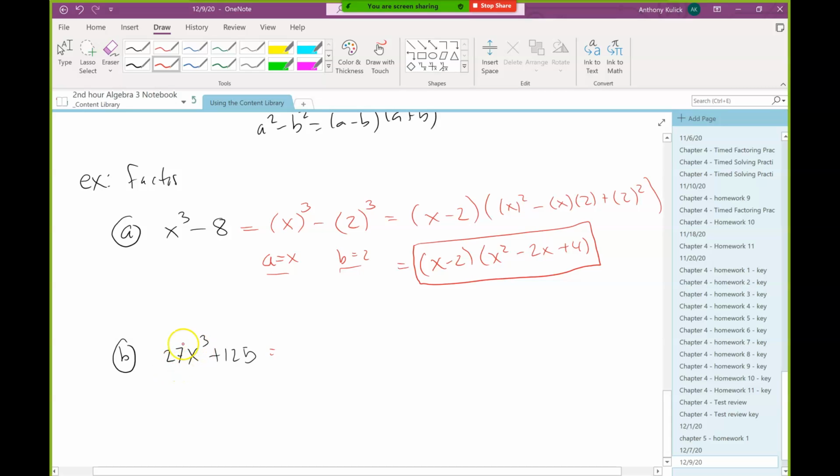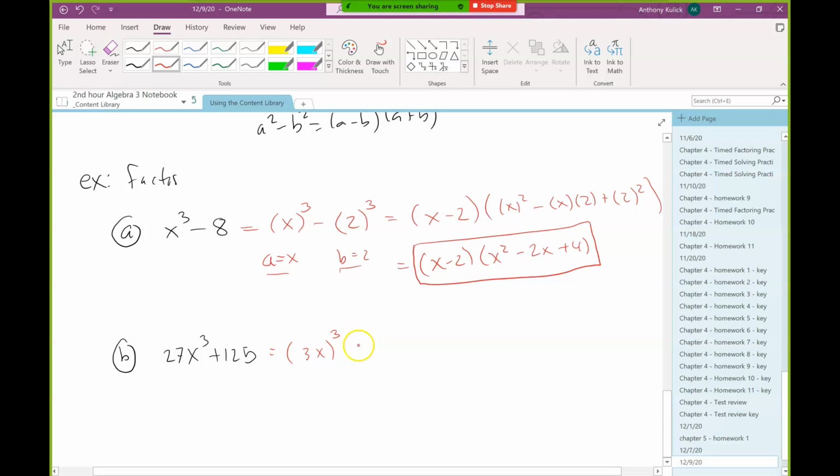So I need to try to rewrite 27x cubed as something cubed. Well, 27, I recognize 3 times 3 is 9, and 9 times 3 is 27. So 27x cubed could just be the quantity 3x cubed.